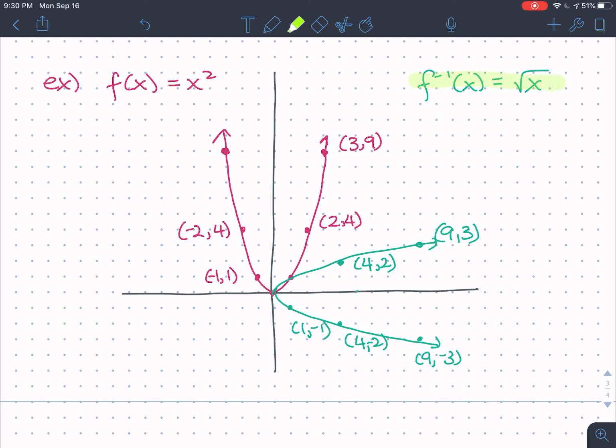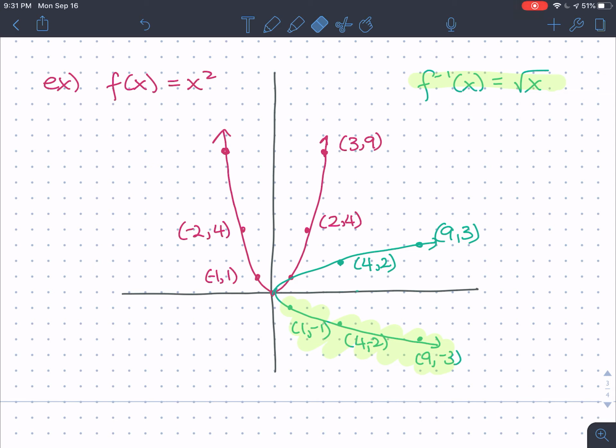This square root function, if you go back to what we did with parent functions a few sections ago, the graph of y equals the square root of x, it doesn't have this bottom part to it. What the heck? Well, notice also right now with what I've got, that green graph is not a function. It fails the vertical line test.